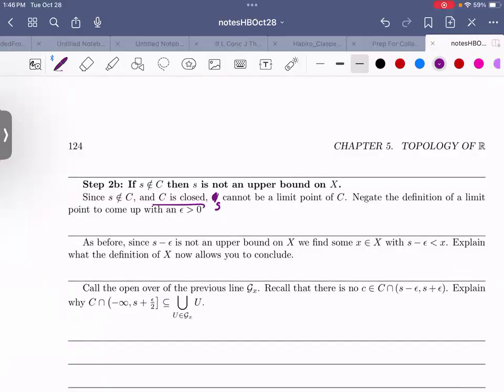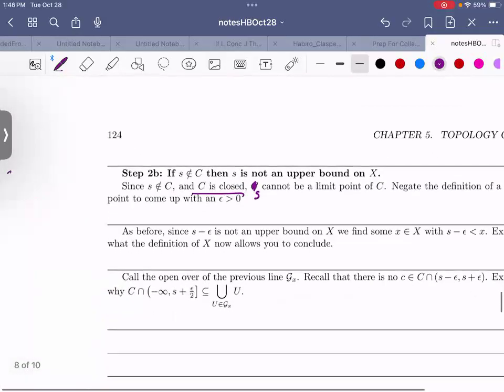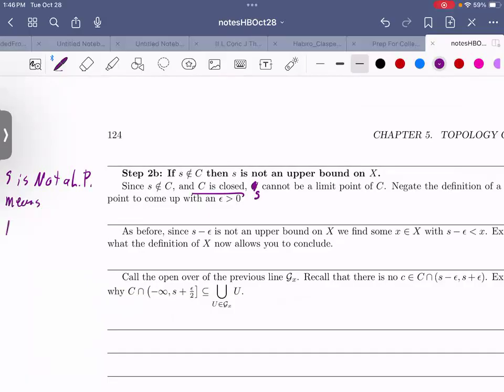And let's remember, what does it mean to not be a limit point? That means it is not the case that for every delta bigger than 0, there exists a c in C minus singleton S such that absolute value c minus S is less than delta. I haven't used any cases of S yet, so no need to start right now.